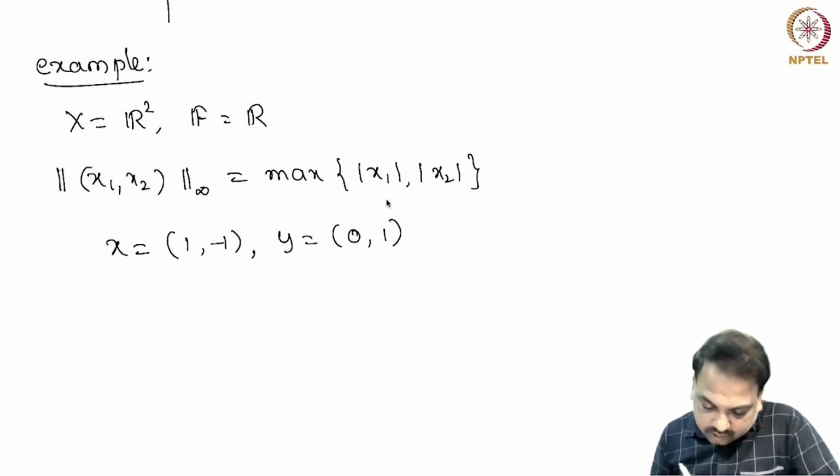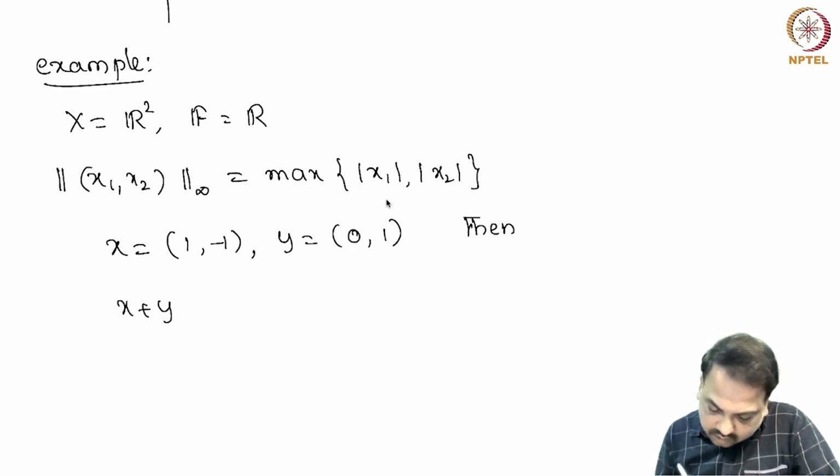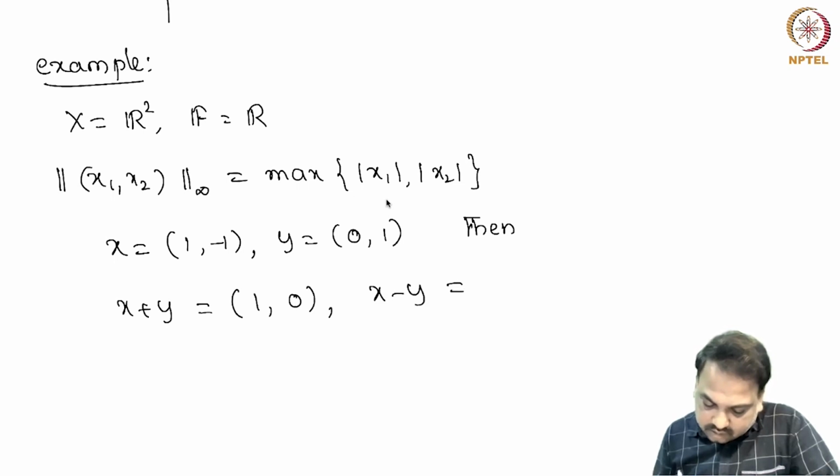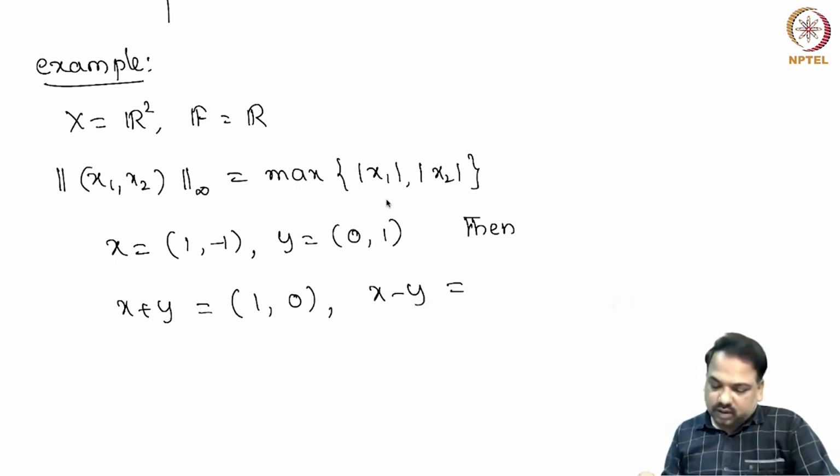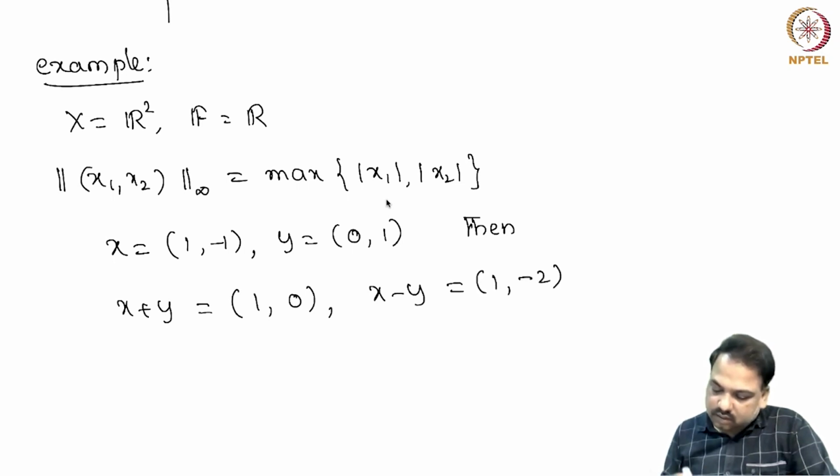Then we can conclude that x plus y is 1 comma 0, and x minus y is 1 comma minus 2.